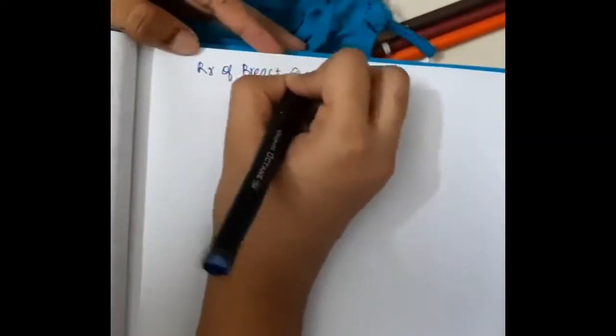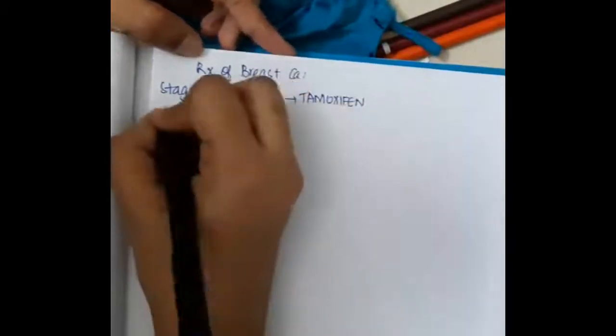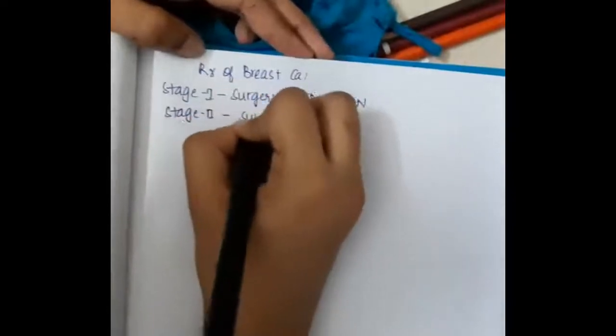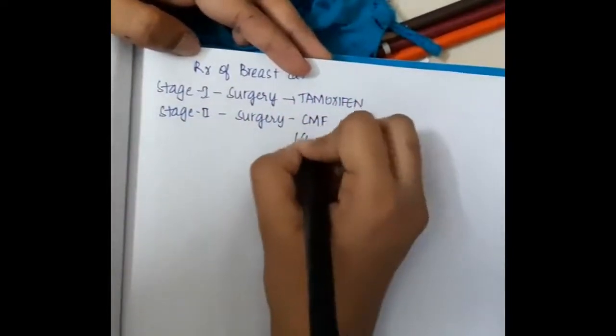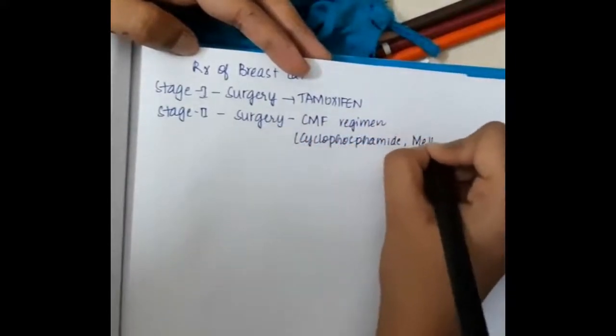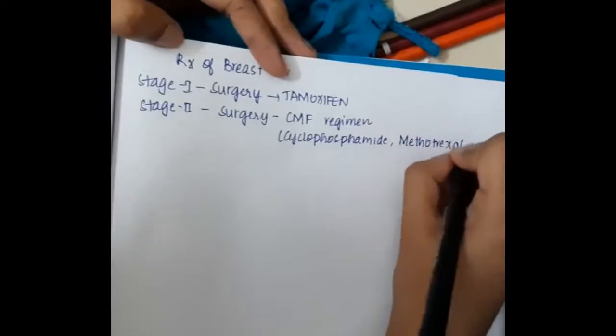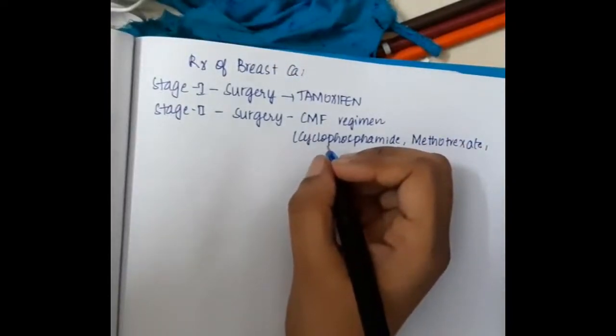Then the treatment of breast carcinoma. In stage 1 we do surgery and then give tamoxifen. In stage 2 we do surgery and give the CMF regimen, that is cyclophosphamide, methotrexate and 5-fluorouracil together.